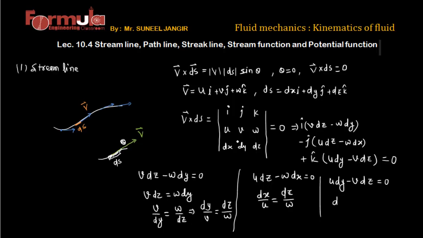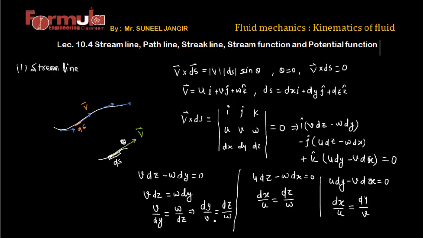In this case we are taking k, so this is u dy and v dx. This is dx actually. So we can write dx by u equals dy by v here.